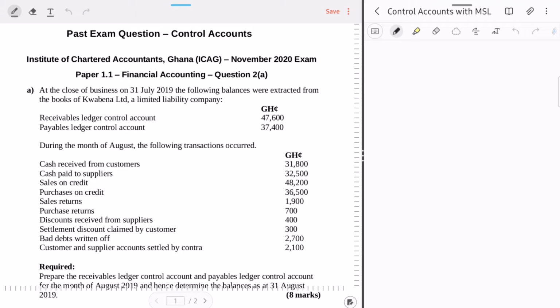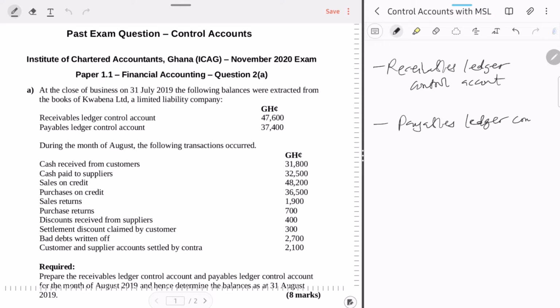Now at your level in exam, typically the control accounts you'll be examined on will be two main ones, which we'll call the receivables ledger control account, or the second one, the payables ledger control account.